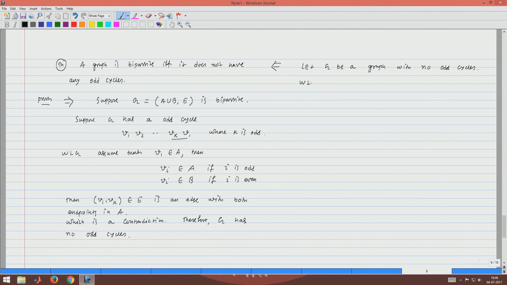Without loss of generality, we assume that G is connected.